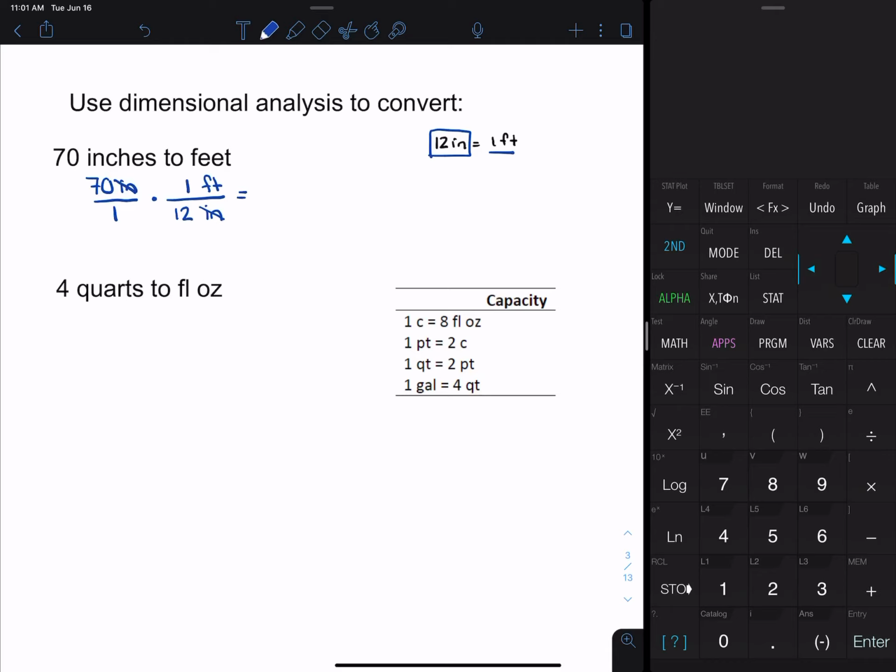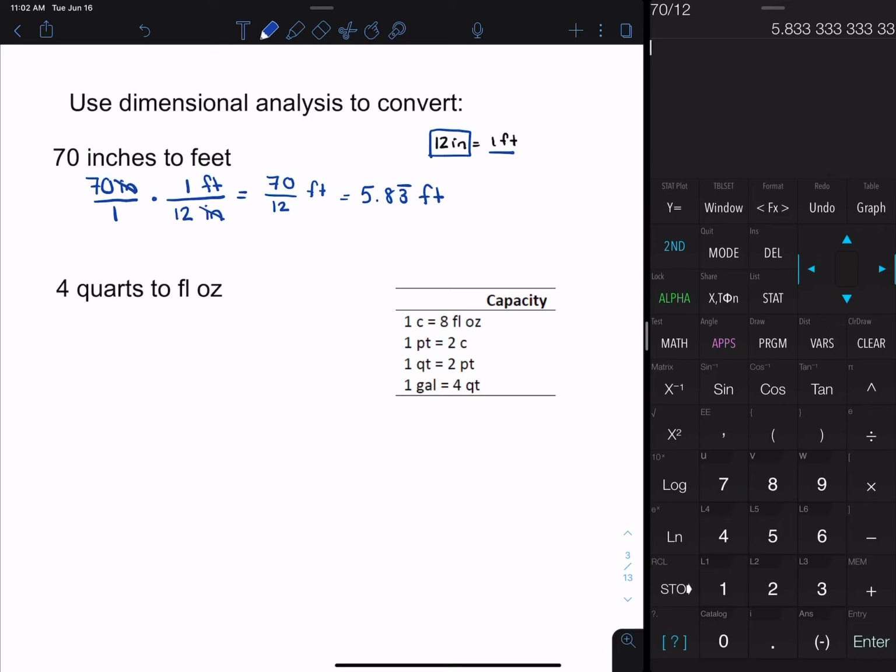When I multiply straight across, that gives me 70 over 12 feet. But I don't want that, so I'm going to use my division because I know a fraction bar means division. I'll do 70 divided by 12. And that tells me that I have 5.83 repeating feet.